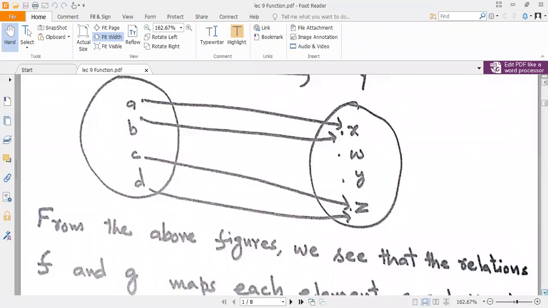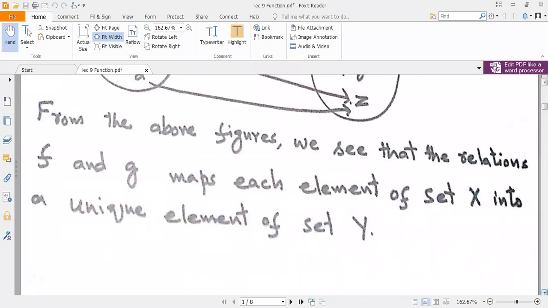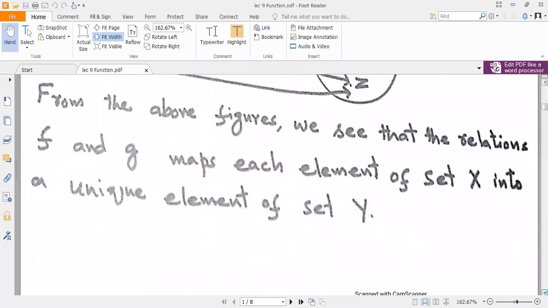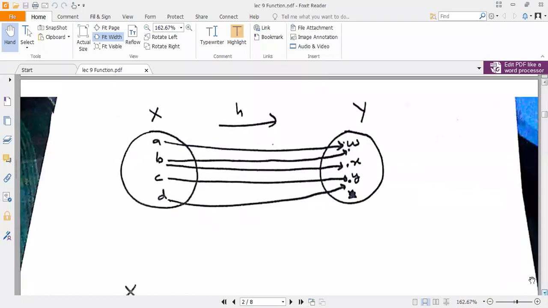Now in both examples, every element of X maps into a unique element of set Y. It means in examples 1 and 2, F and G both are functions. Now again see H is a relation.